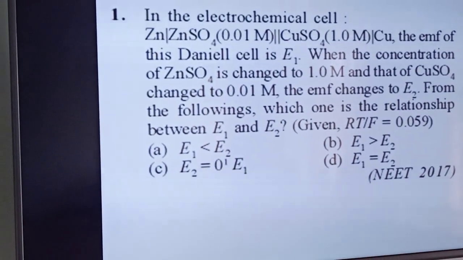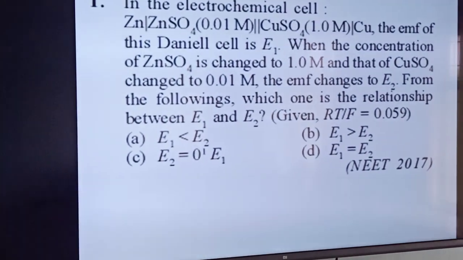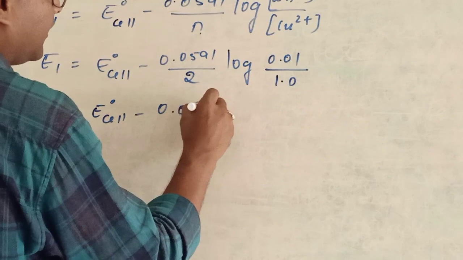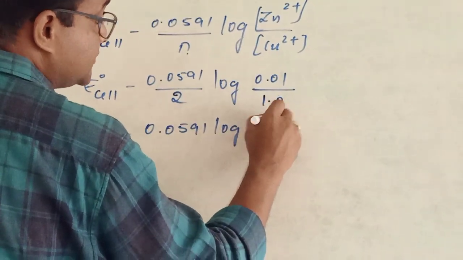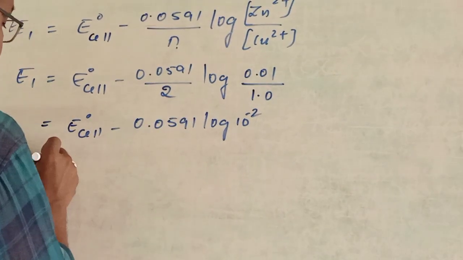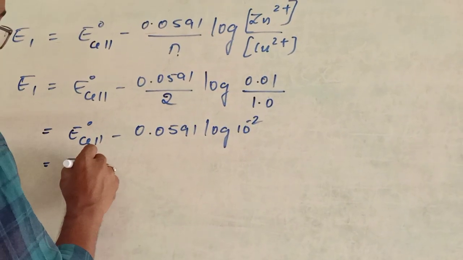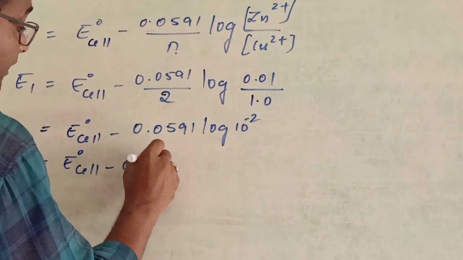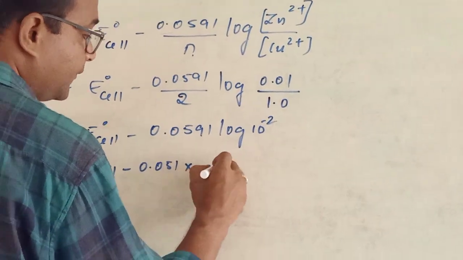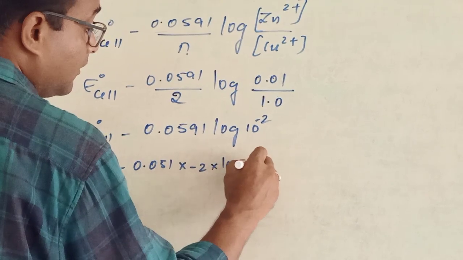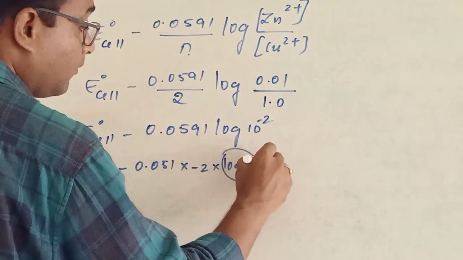1.0 molar and this is 1.0 molar. Now minus 0.0591 log, this is nothing but 10 power minus 2. It is also written as E naught of cell minus 0.0591 into minus 2 log 10, whose value is 1.